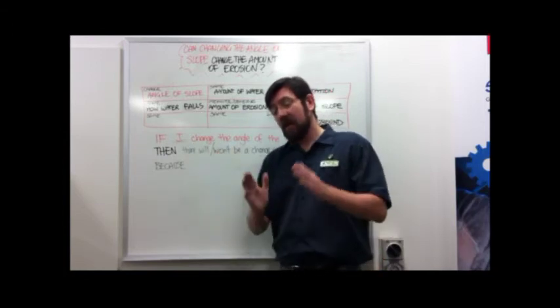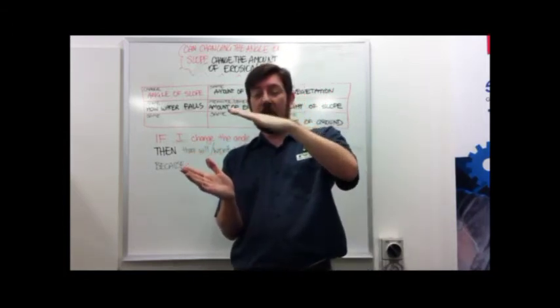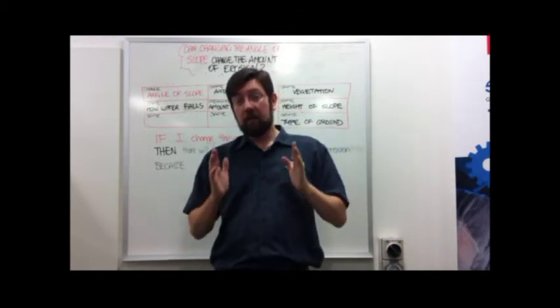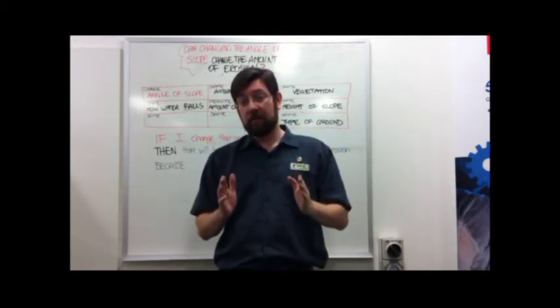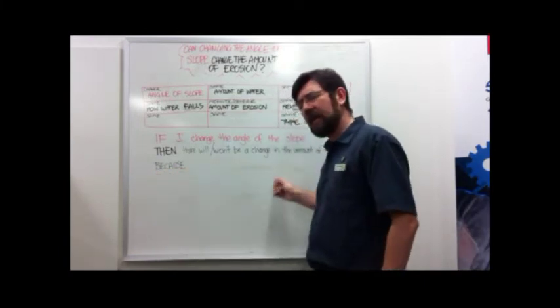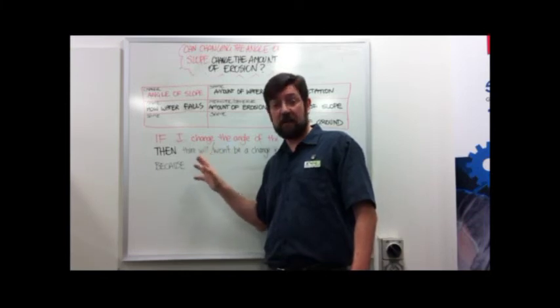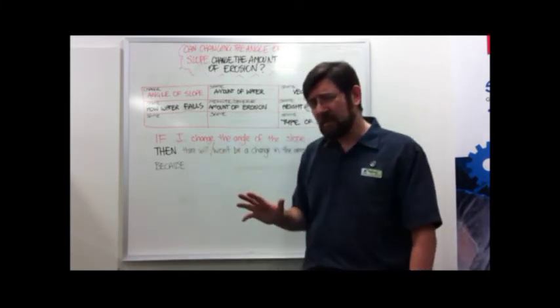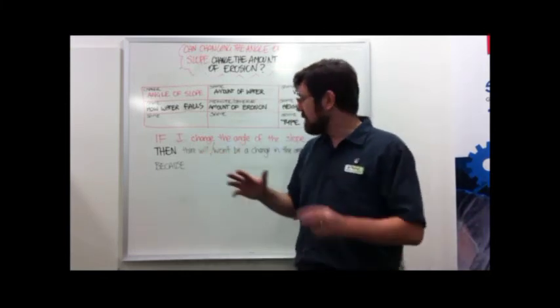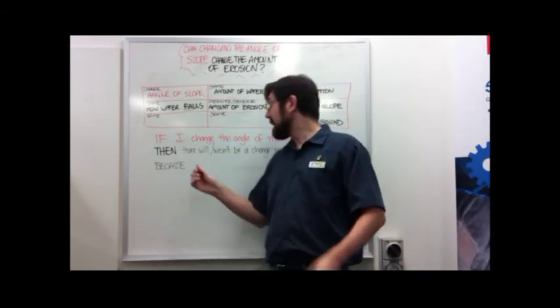Do they think changing the angle of the slope, making it higher or lower, will have an effect on the amount of the erosion? The last part, because I don't fill that in, because this is where we want the students to identify their thinking. It is not necessarily a scientific explanation. It is simply the students articulating what they think is going on.